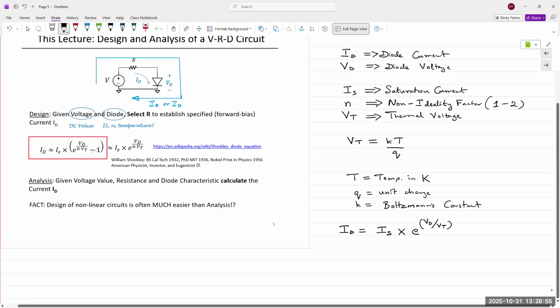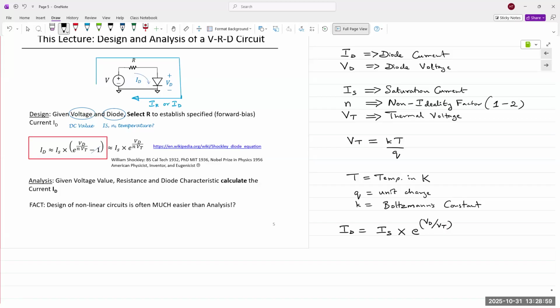We ignore the 1 and we ignore the n. So it simply becomes saturation current times e to the power of VD over VT. So ID and VD have an exponential relationship.